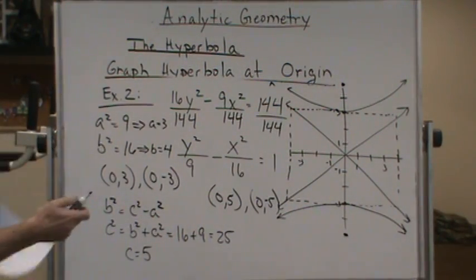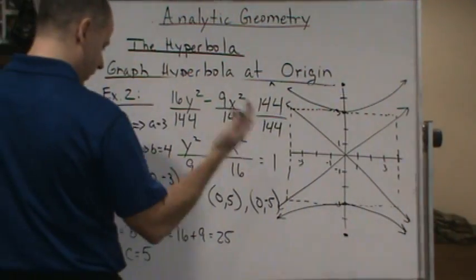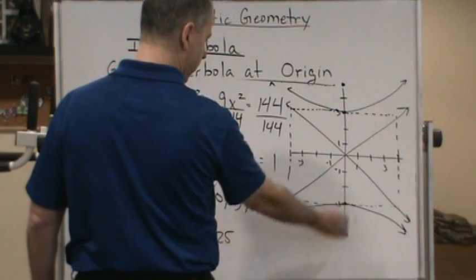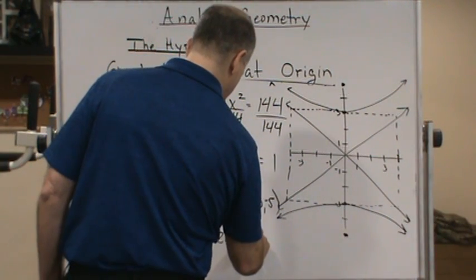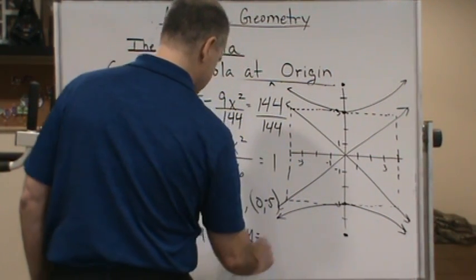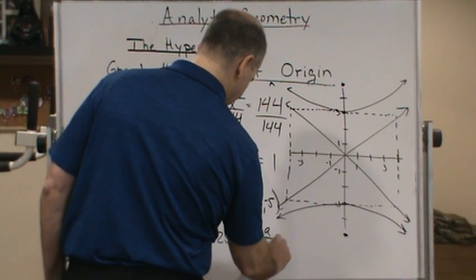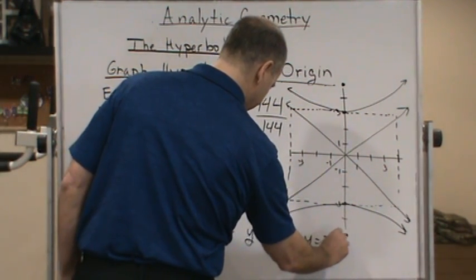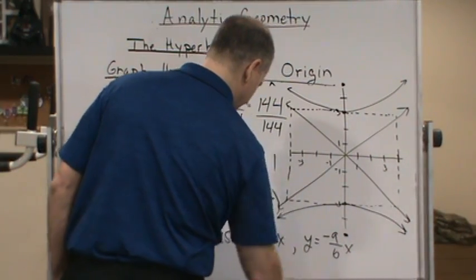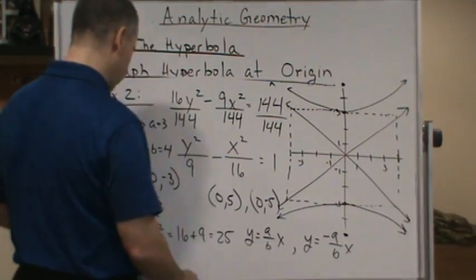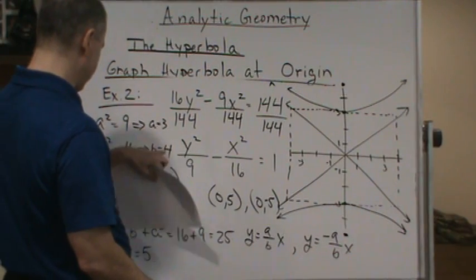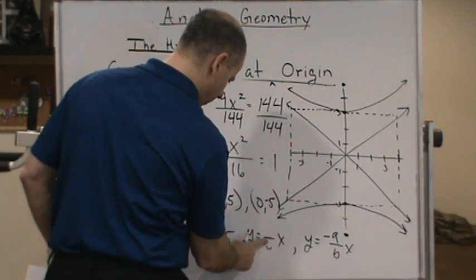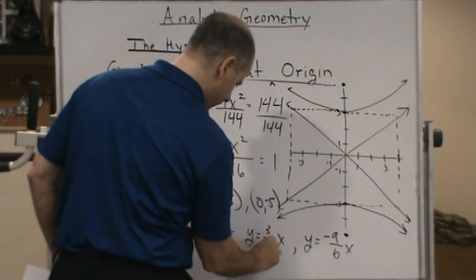And the equations of the asymptotes. Again, because it's going this way, it's going to be y equals a over b x, and y equals negative a over b x. So now, well, what's a? A is 3 and b is 4, so it's going to be 3/4. 3/4 is the slope for one.